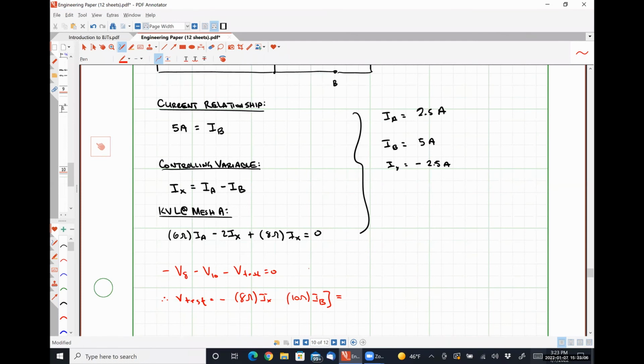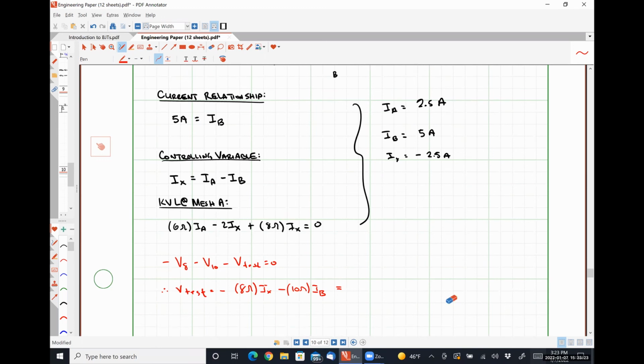So when I move V test to the other side, I'm going to have negative V8 minus V10. Right? Is my algebra correct there? Let's start there. Okay. But IB is a positive quantity, right?